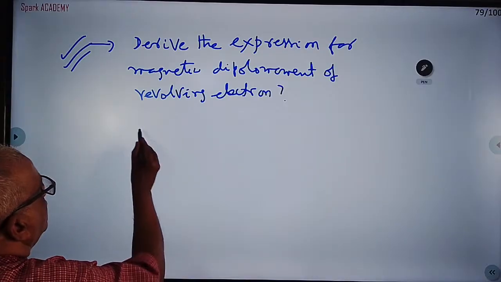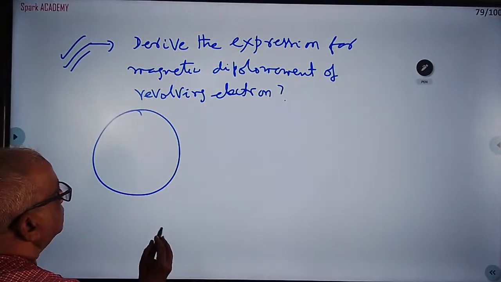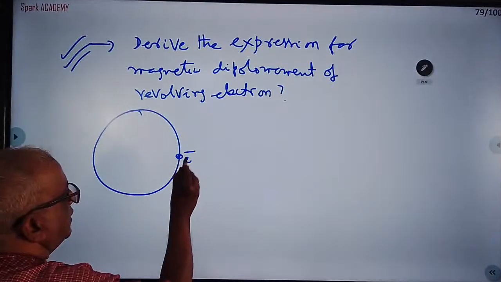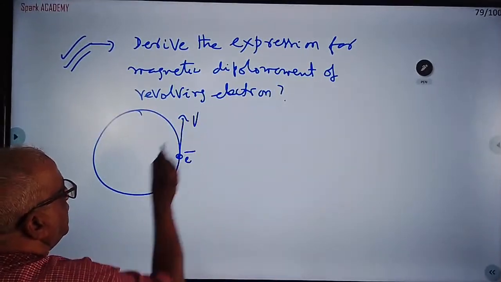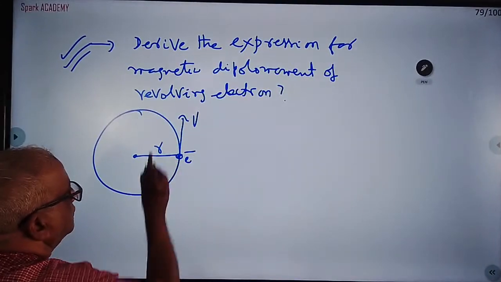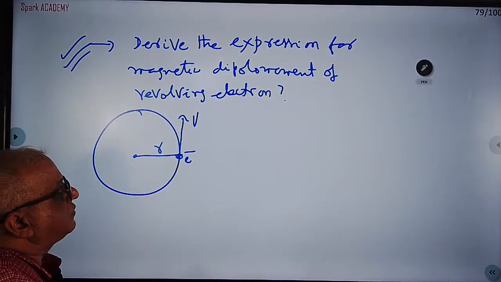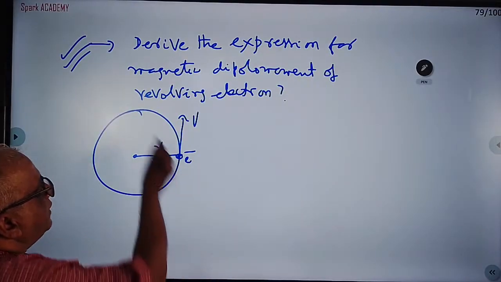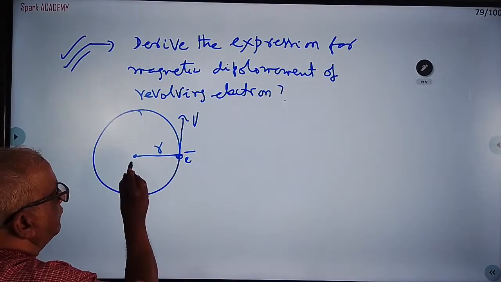So I am taking a revolving electron. The electron is revolving with a velocity v in a circular orbit of radius r, moving anti-clockwise like this.